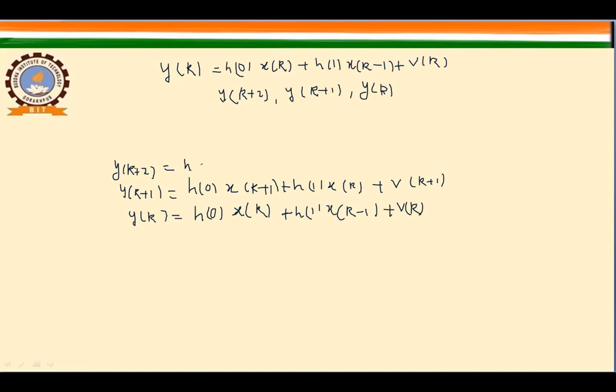So you can write h of naught x, k की जगह यहाँ पे हो जाएगा k+2 प्लस h of 1 x of k+1, ठीक, प्लस नॉइस k+2.